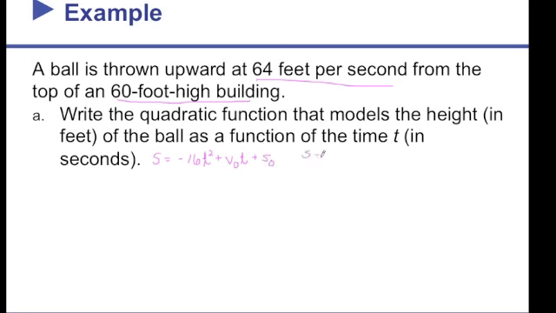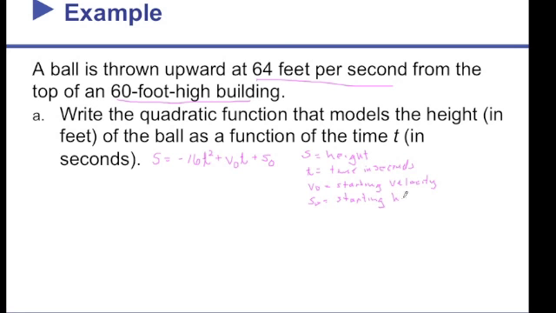Now, s is the height. t is the time in seconds. v sub 0 is the starting velocity or the speed, and s sub 0 is the starting height.